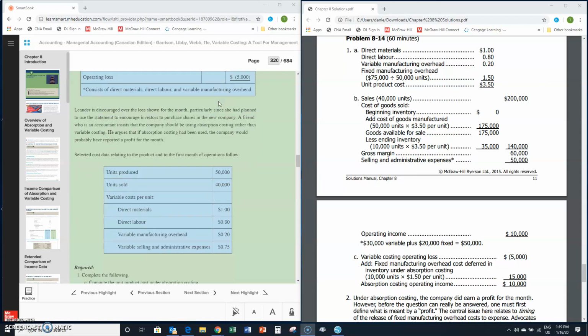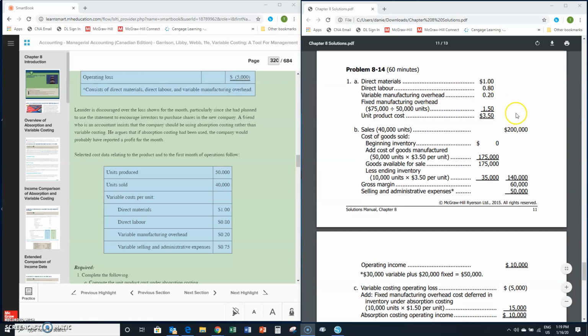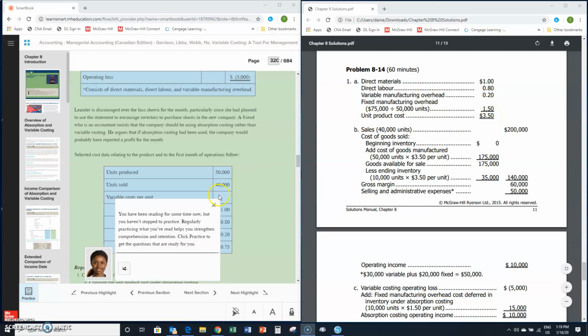But we're looking at it on a per unit basis, so we need to divide that by the number of units that were produced, 50,000. So $75,000 divided by 50,000 units gives us $1.50 per unit. So our unit cost under the absorption method is $3.50.